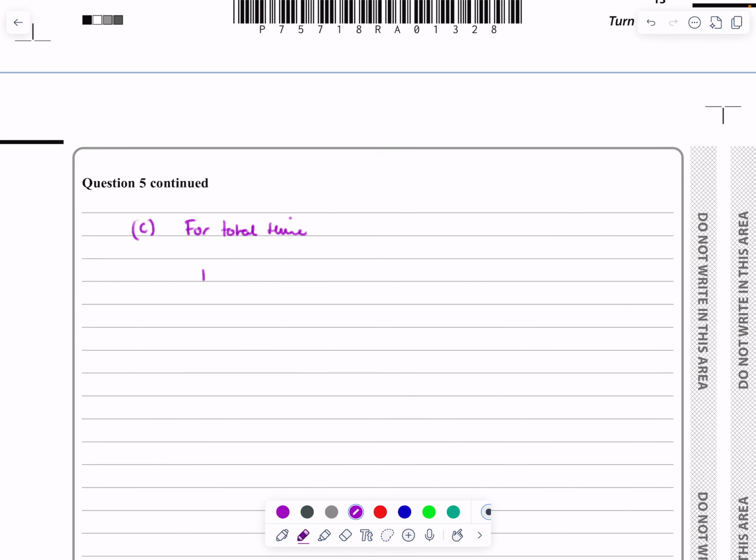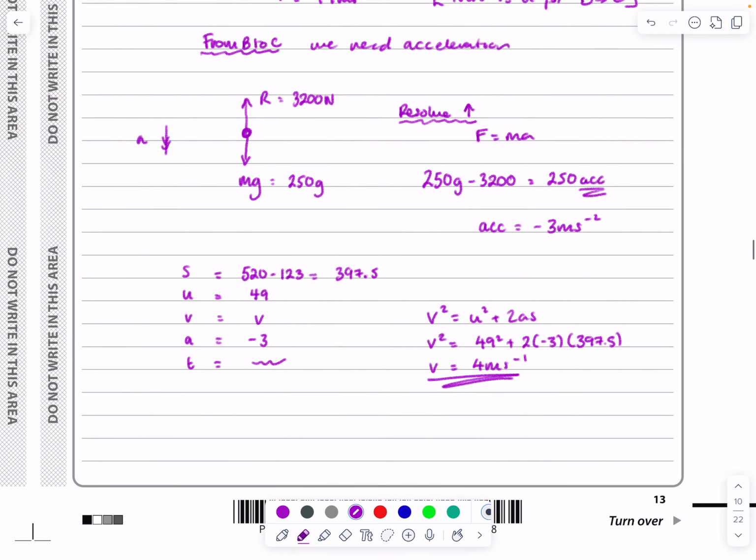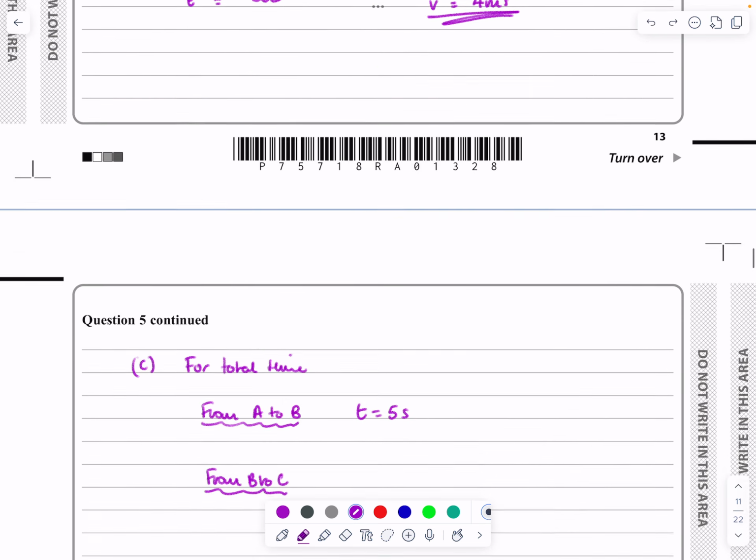And again, from A to B, we already know that. T equals 5 seconds. From B to C, we can go back and use all the information from that SUVAT now.